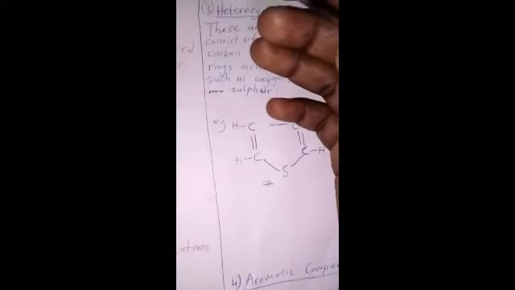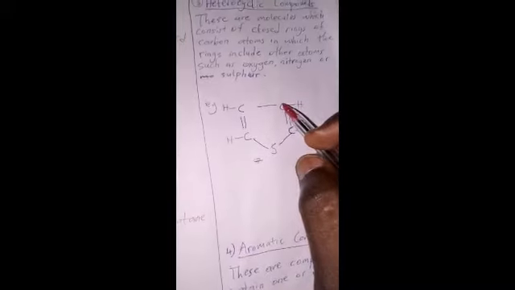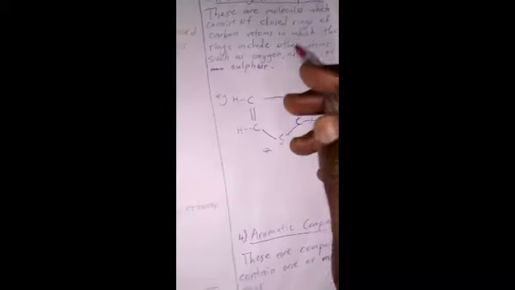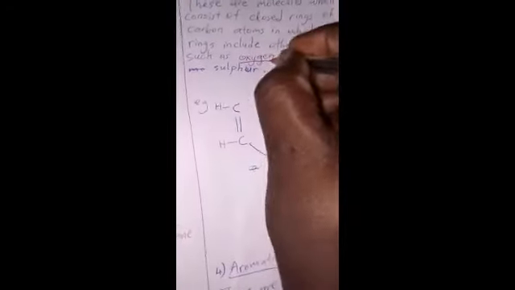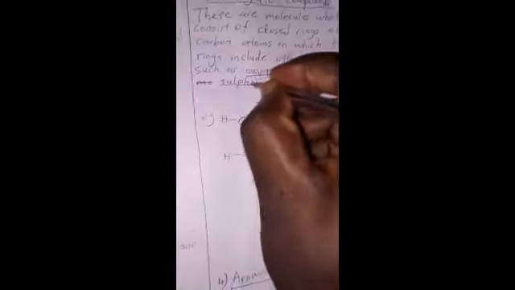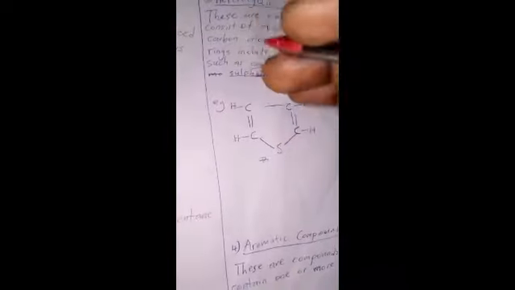The hetero here means different. It is similar to the alicyclic, but for the alicyclic all of the ring needs to be carbon atoms, while for the heterocyclic we have to get either oxygen, nitrogen, or sulfur in the closed ring.